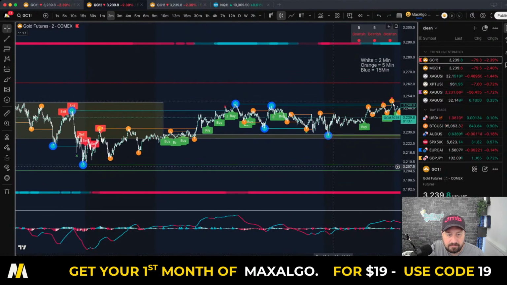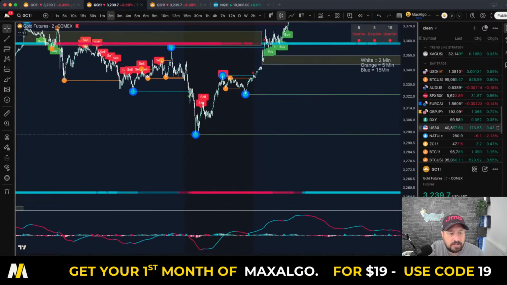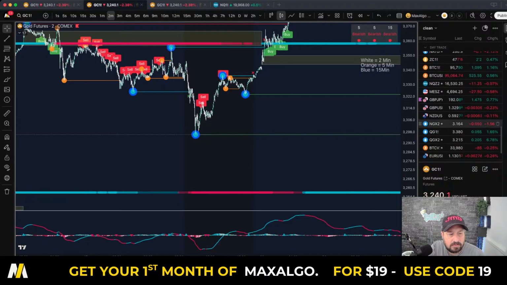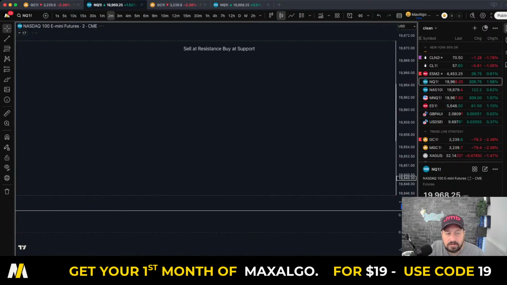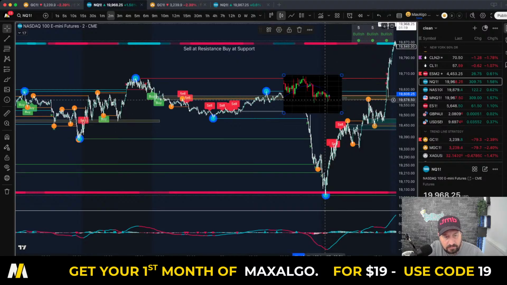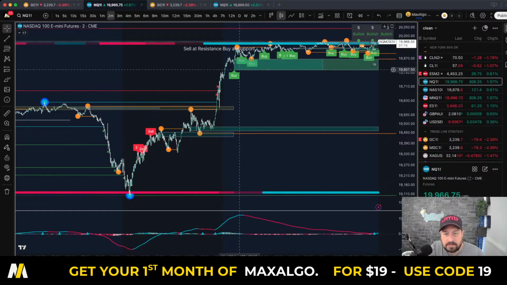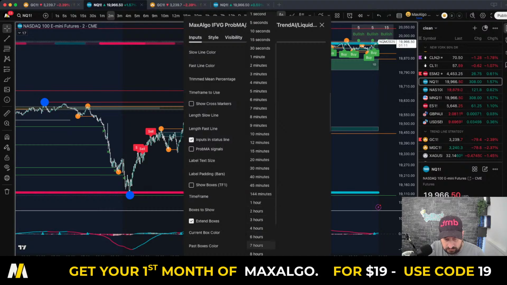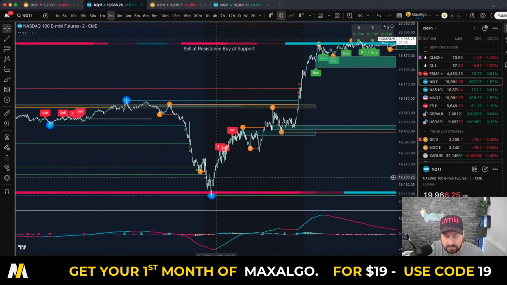But yeah, let's see if we can find a good example. Didn't trade yesterday. Only traded in the morning, and then we worked all day on indicators. Let's have a look.